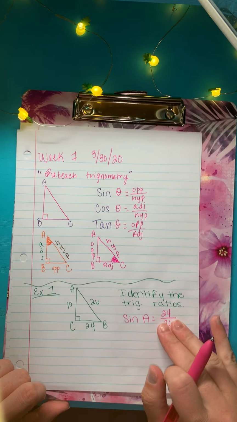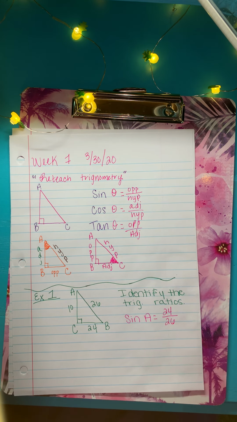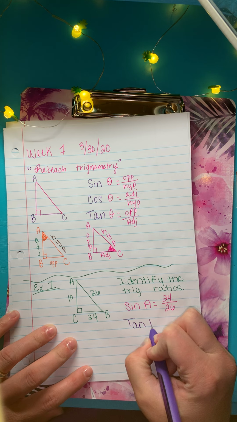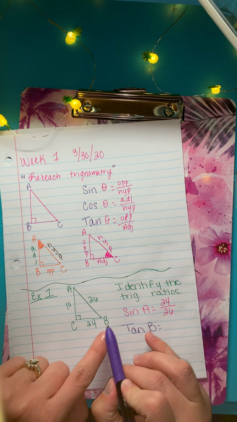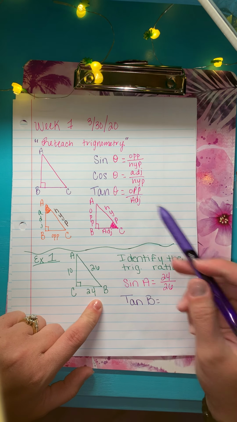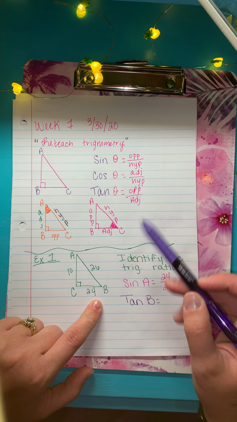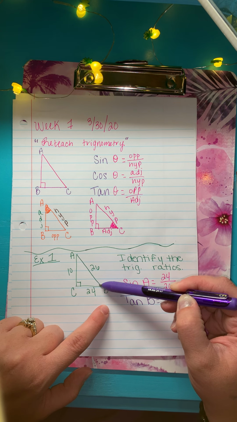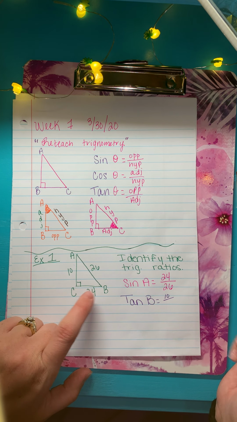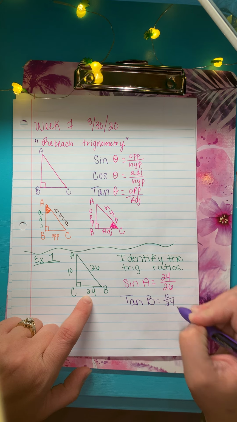That would be the trig ratio there. If I looked at the tangent of angle B, so angle B is here. Tangent uses opposite and adjacent. So opposite from angle B would be 10 over the adjacent, which is 24.